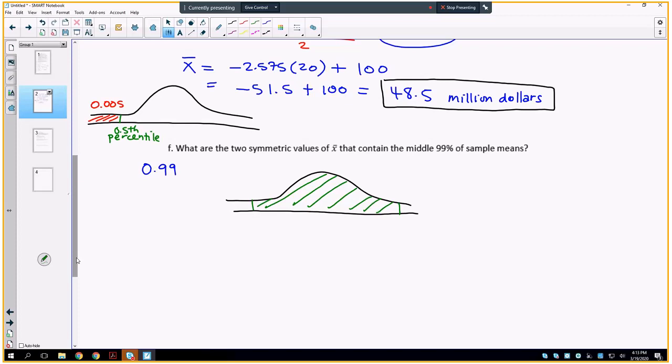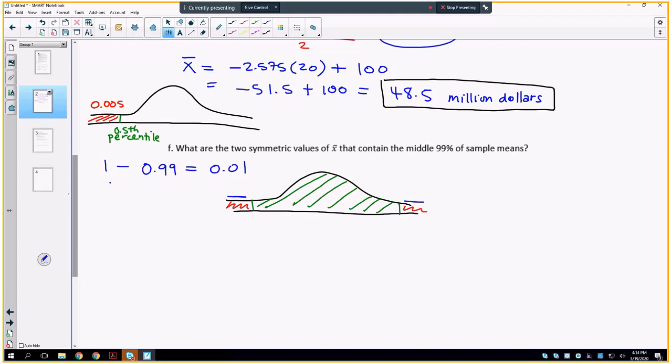So that means out here on the far corners is what's left over. We know that the total is 1, so I'm going to say 1 minus 0.99, which is just 0.01. That's how much is left over. But I need what's left over split into two pieces, one on the left, one on the right.